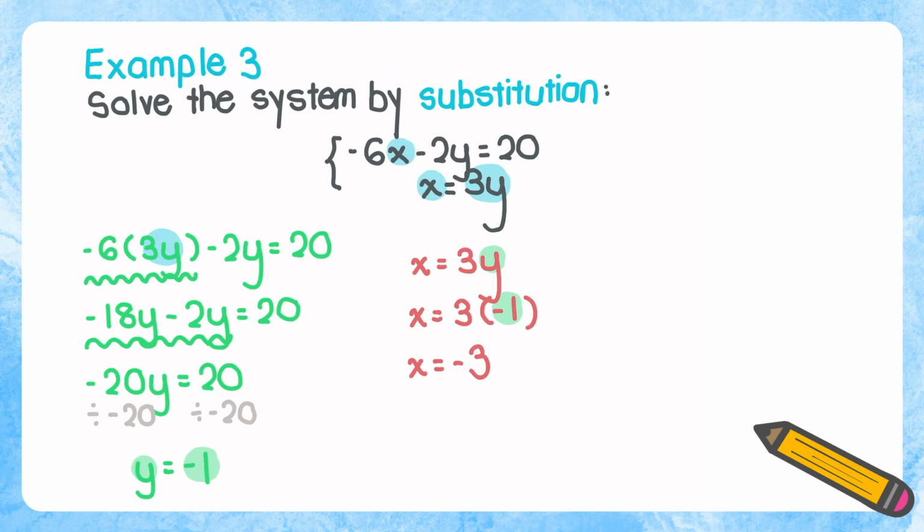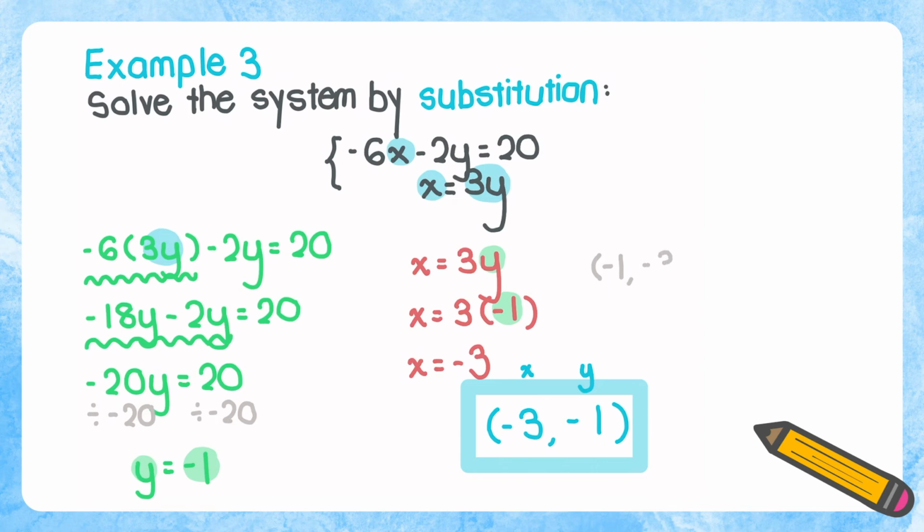So when you write your solution, be careful. Our x value, negative 3, comes first, and then our y value. So our solution here is negative 3, negative 1. Make sure you don't write it the other way around. Although we did solve for y first, the order is still x, y.